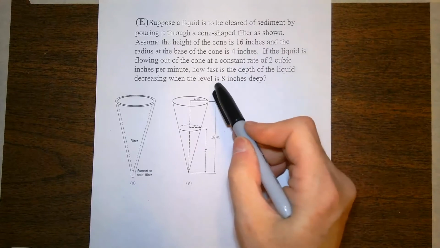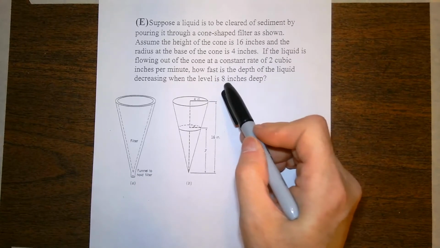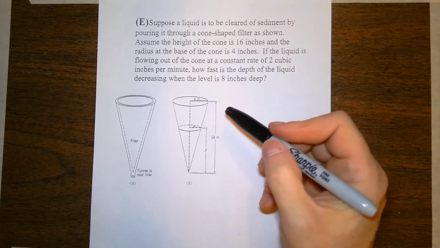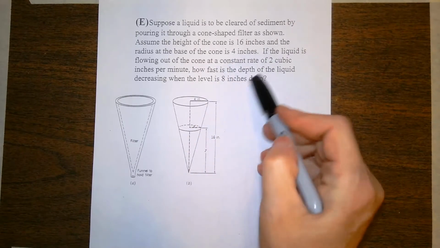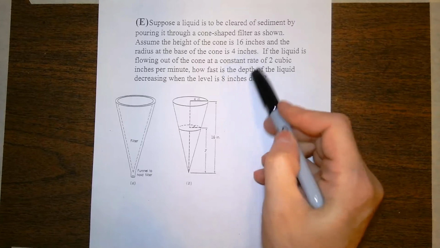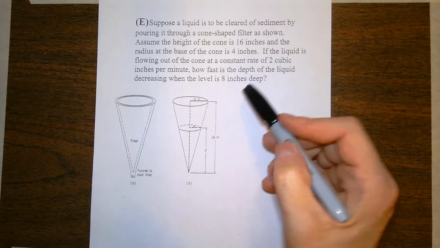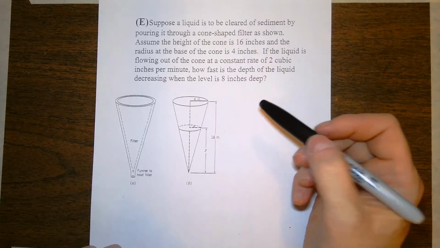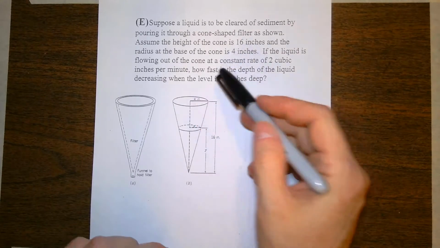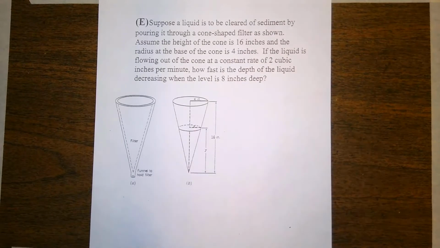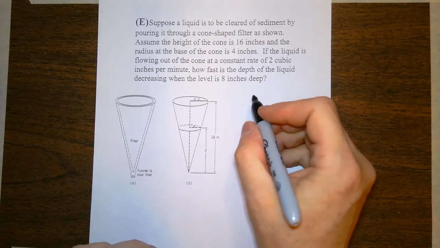So I'm dealing with a level here. Level is going to be the height. Now notice in a cone there are 2 measurements: the height and the radius. Nothing in here gives me anything about the radius. I want to be able to eliminate the radius in my answers. So the first thing that occurs to me, what's going to relate all of these values together, is the volume of a cone.